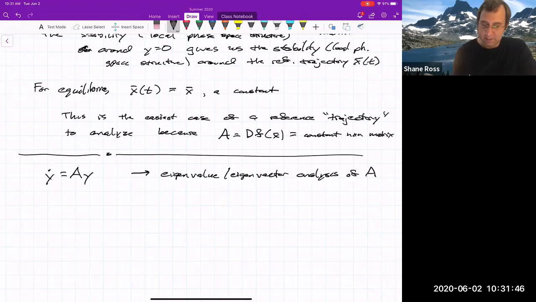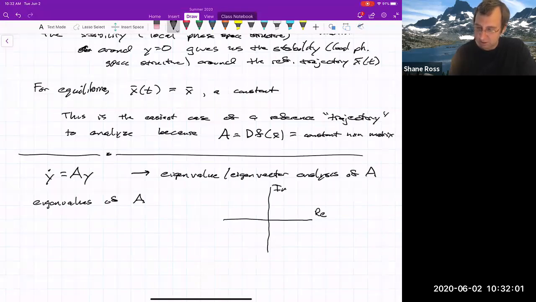Okay, so let's say we get the eigenvalues of A. We're going to group the eigenvalues of A. We have eigenvalues of A, and we're in the continuous time setting. Here is the real, the imaginary, and I'll use the symbol lambda.